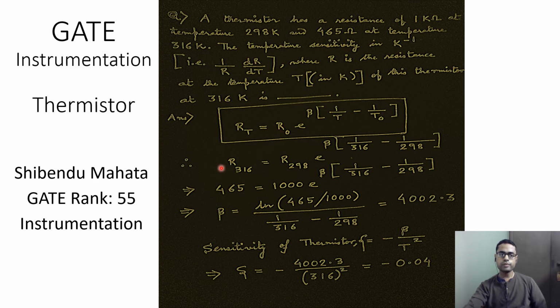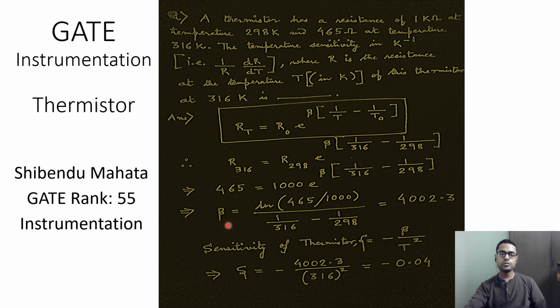If we plug in those values, the resistance at 316 Kelvin is equal to R naught, which here is the resistance at 298 Kelvin, times e to the power beta multiplied by (1 by T, with T equal to 316, minus 1 by T naught, with T naught equal to 298). Then we can plug in R_316 as 465 ohms and R_298 as 1 kilo ohm, which is 1000 ohms.